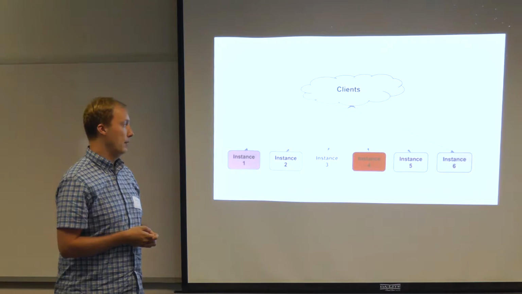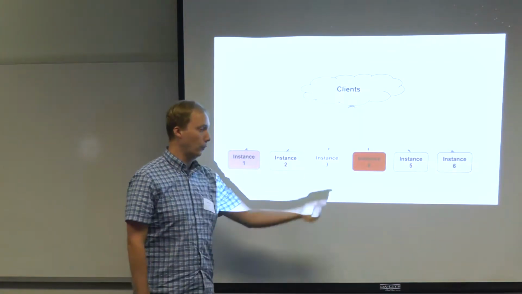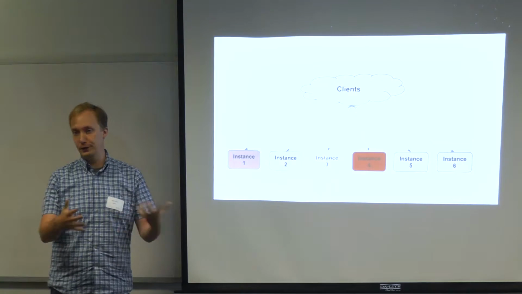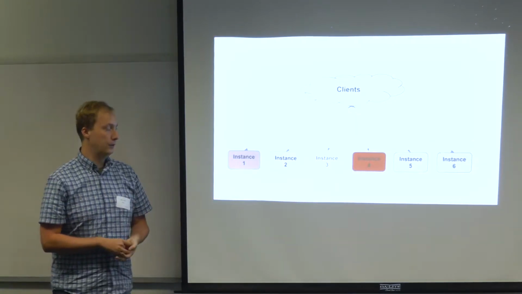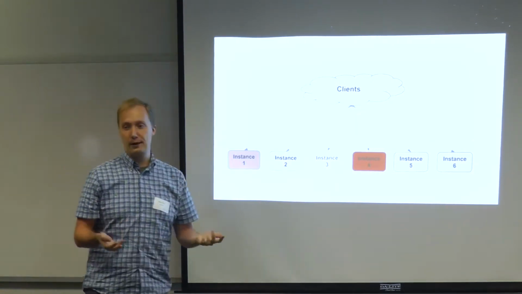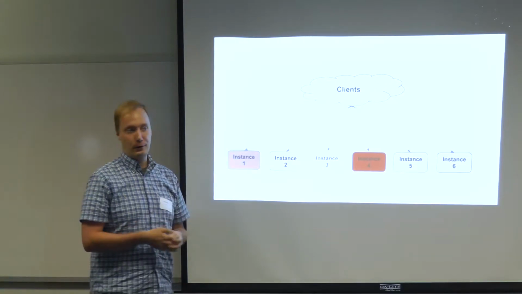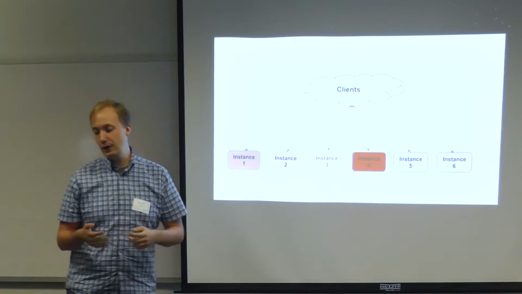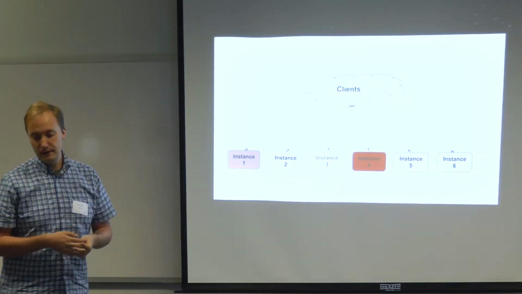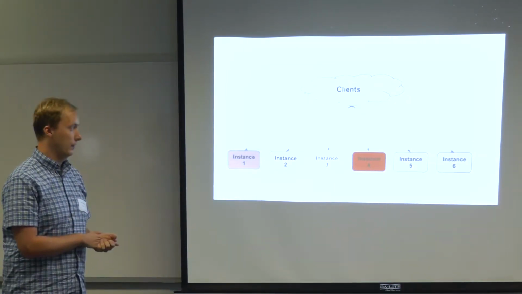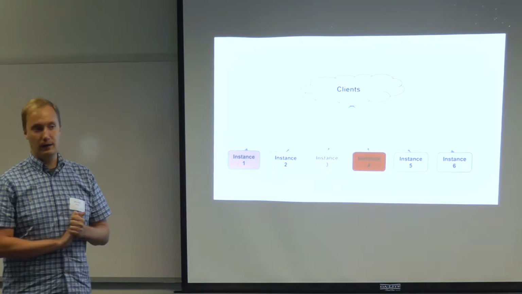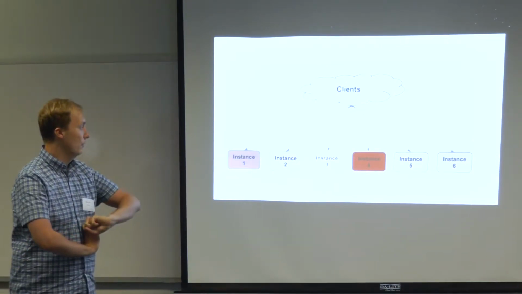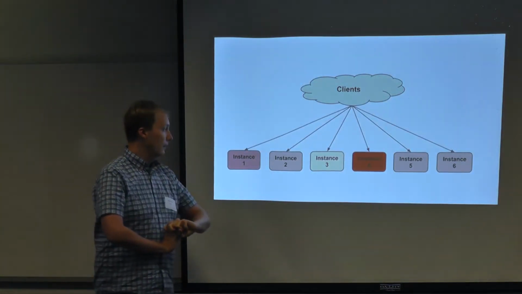Or maybe these are different clusters, and instance 4 is in an older generation hardware cluster, or maybe it's got a bad hard drive, and a slow hard drive somehow caused the machine to behave worse. Whatever the case, oftentimes you wind up having slightly different performance levels on different instances in the cloud, in production environments.